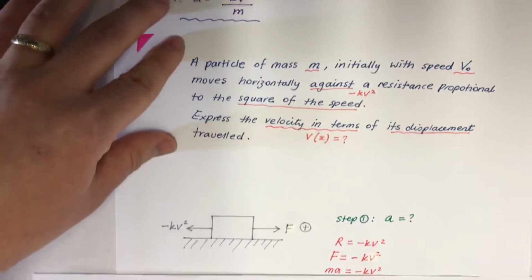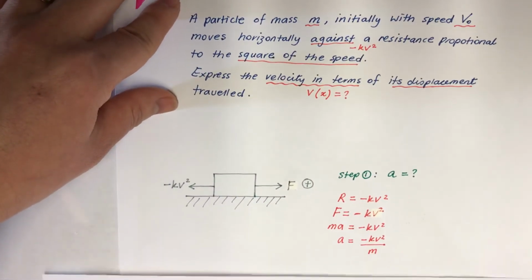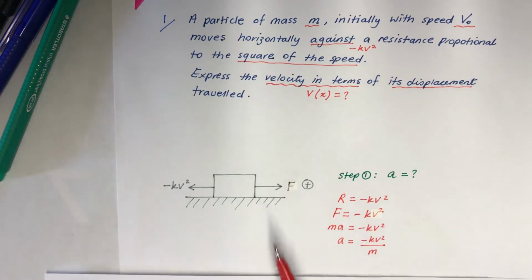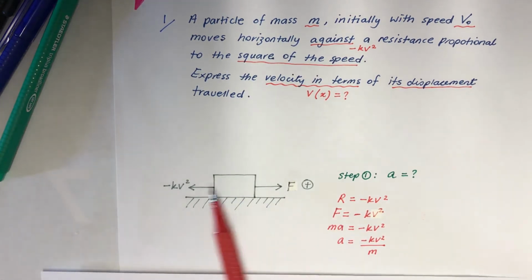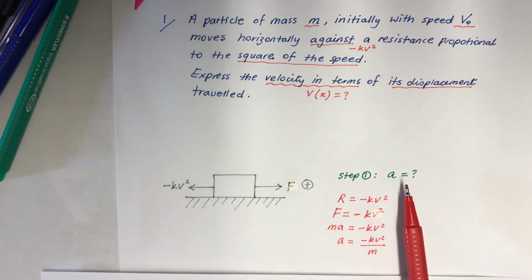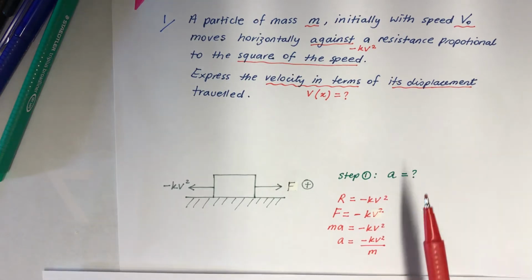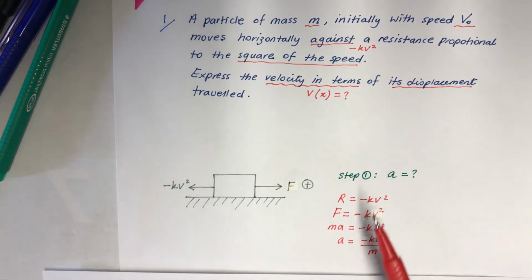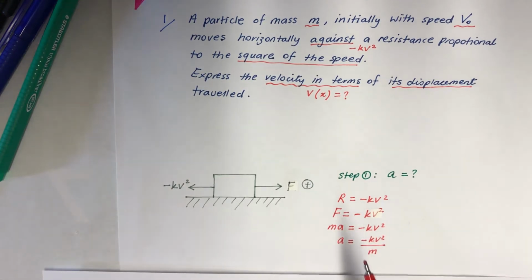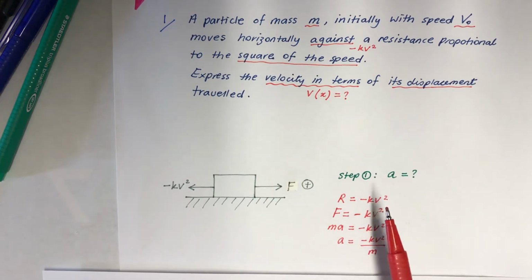So let's have a look. Draw the diagram. We don't have to worry about the vertical, so it's only the horizontal part. So step one is anything to do with changing into a equals. Okay, so we start with R equals minus kV squared and F equals minus kV squared.